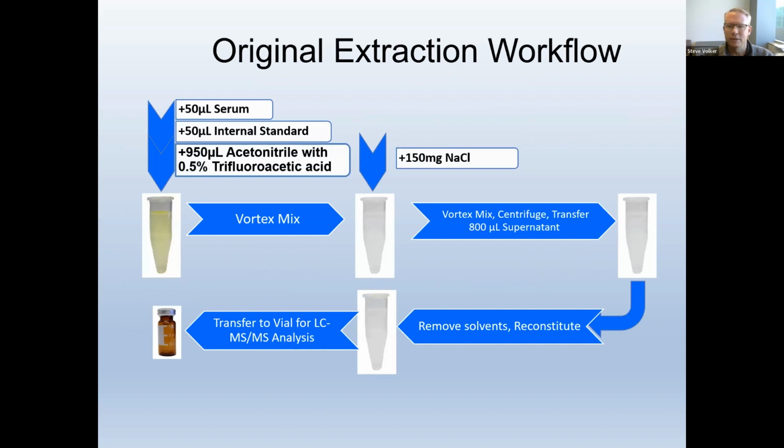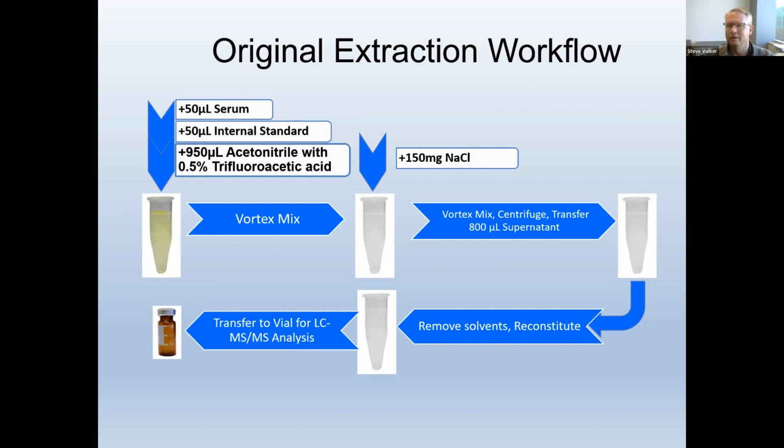So this is the methodology that is presented in the JoVE paper. I'd like to just go through and walk you through the workflow. So we start out with 50 microliters of serum, and then we add our internal standard. In the original method, that was the propyl iophenoxic acid.